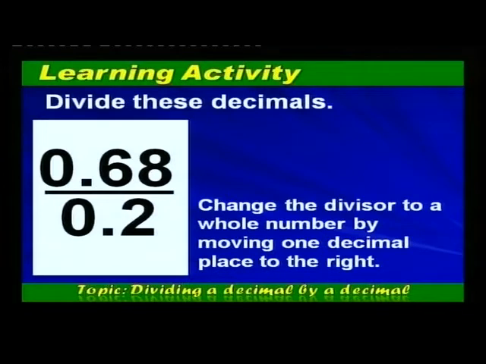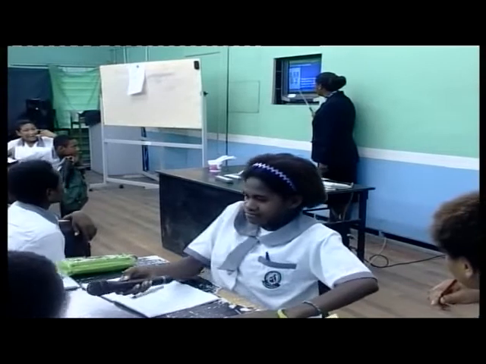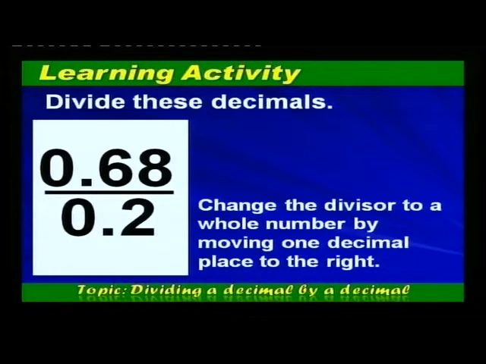In the divisor, how many decimal places do you see there? Lorraine? 1. Thank you. Just one decimal place. If we want to make it a whole number, we will move one decimal place to the right. When you move one decimal place to the right, 0.2 now becomes a whole number.